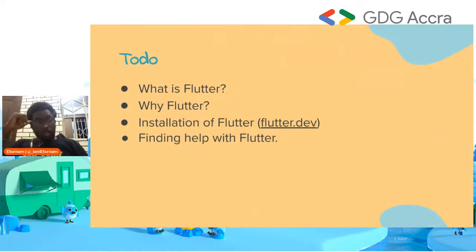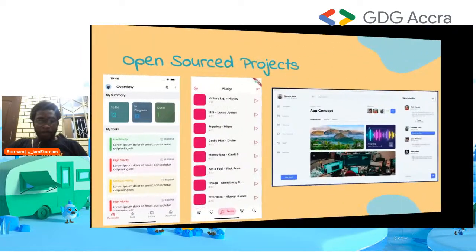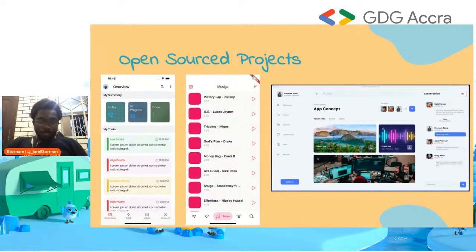So today we'll be looking at what is Flutter, why Flutter, the installation of Flutter, and where to find help or resources for Flutter. These are some open source projects that I have on my GitHub repository.